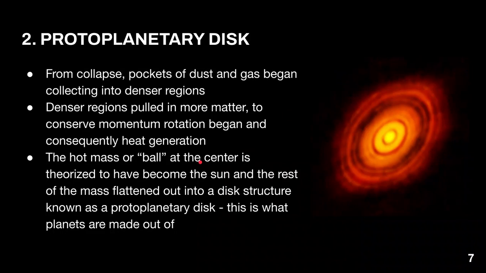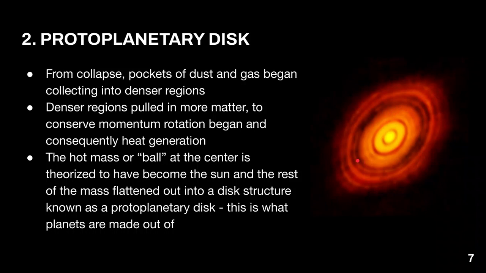After the collapse of the nebula, pockets of dust and gas began collecting into denser regions. Denser regions pulled in more matter, and then, to conserve momentum, rotation began. And as this rotation began, heat was generated in these pockets of gas and dust.